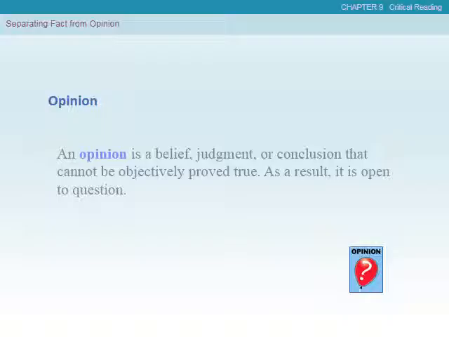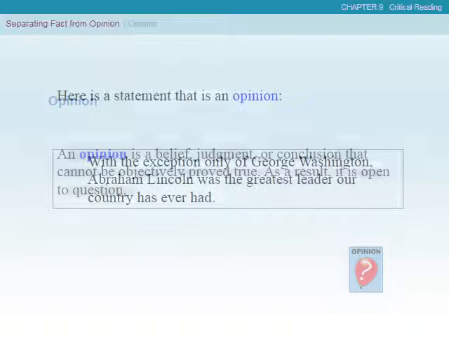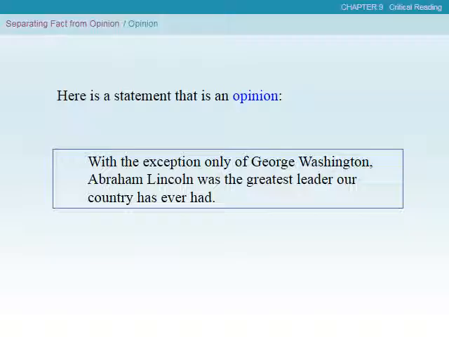Opinion is different though. An opinion is a belief, a judgment, or a conclusion that can't objectively be proved true. As a result, it's open to question. So an opinion is something that different people can disagree on. So here's a statement of opinion. With the exception of only George Washington, Abraham Lincoln was the greatest leader our country has ever had.